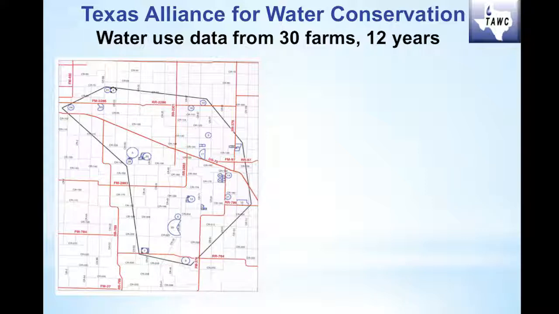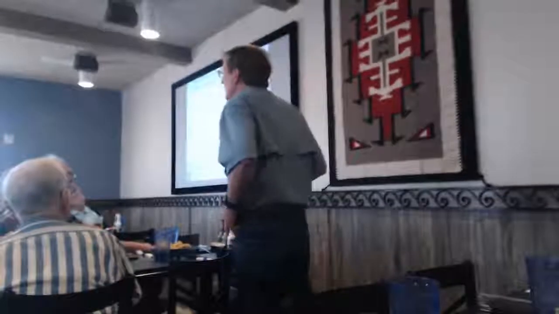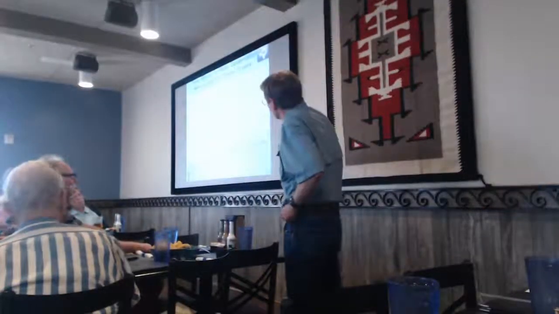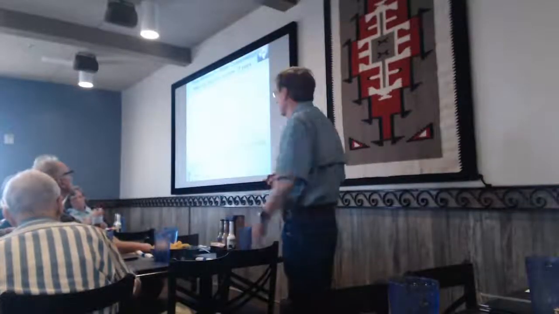It's been declining quite rapidly since 2007, and it's declining faster. In fact, this Floyd County area is one of the faster rates of decline. Also up by Muleshoe, up that area, there's a very rapid decline as well.